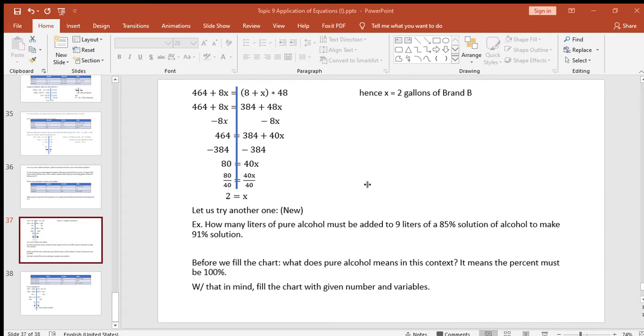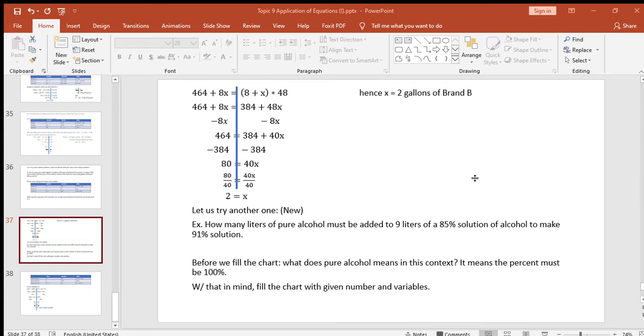But unlike solution or mixture problems, we choose where we put the variable. In mixture and solution problems, you saw that we put variables most of the time or always on the distance, in miles, and we just figured out this part, right?